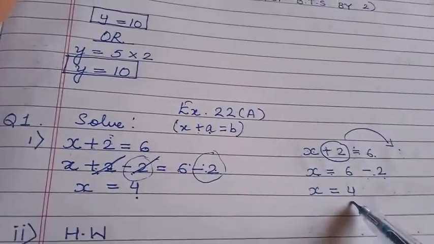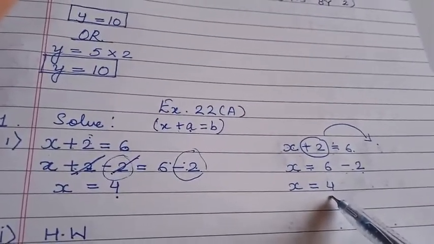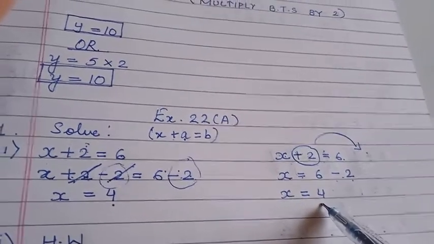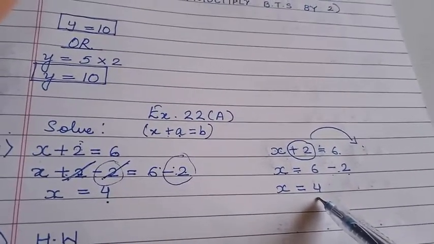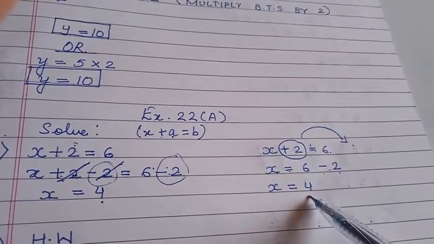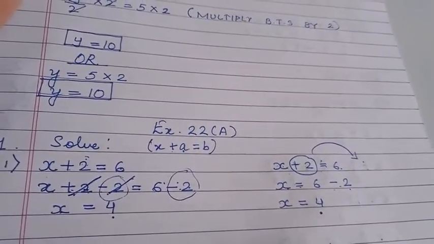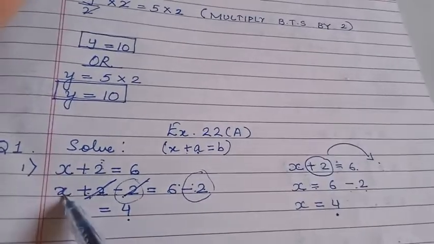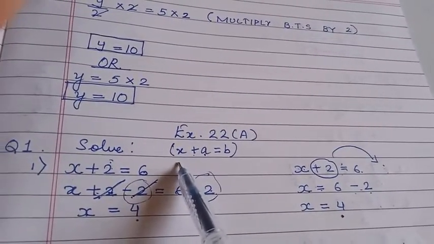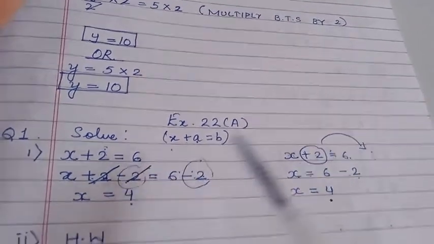The key is whenever you are transposing any number from left to right or right to left, change the sign. Plus becomes minus, minus becomes plus. That's the key. And you have to keep this x alone at LHS, and the rest of the things you will transpose to RHS by changing their sign.